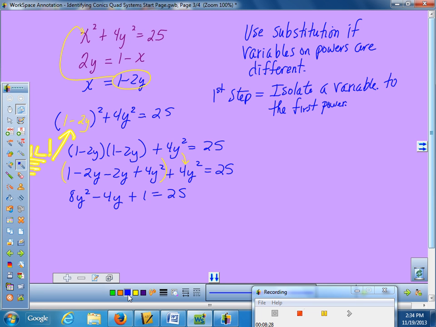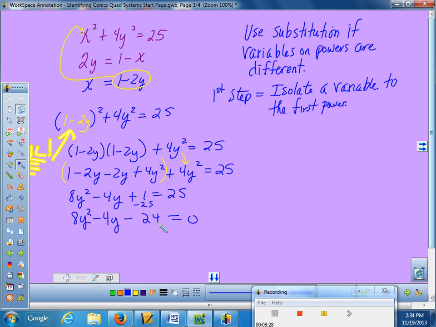It must be equal to 0. If I subtract 25 over, you know 4 methods for solving these: factoring, formula, completing the square, or graphing. I would go for factoring.